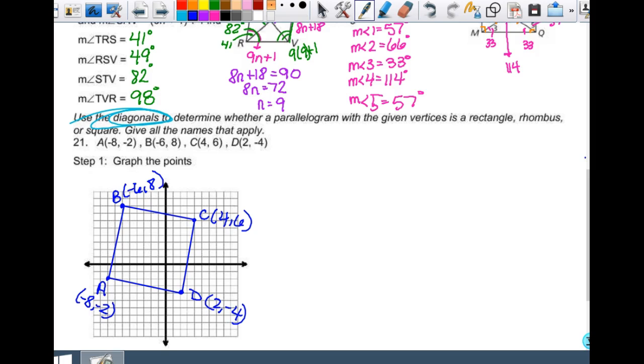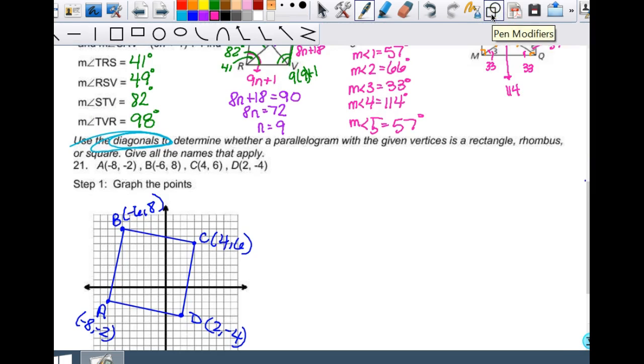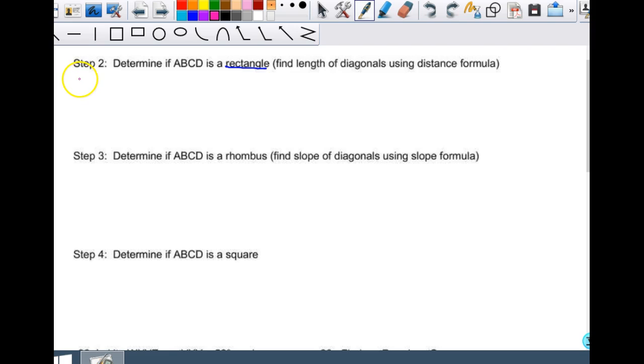All right, so my diagonals, let me draw them in, are BD and CA. So I'm going to look for the length of BD, and that is going to be the distance formula.